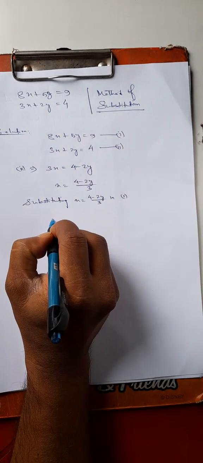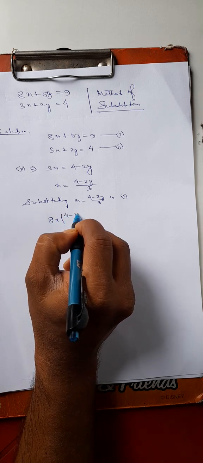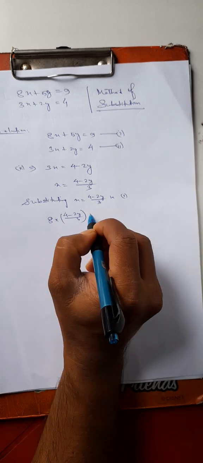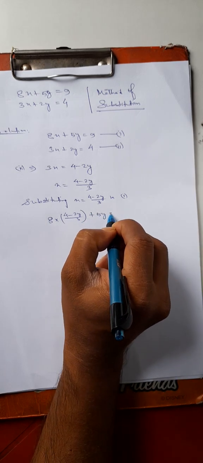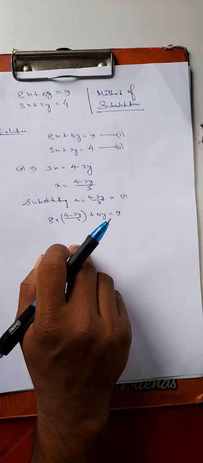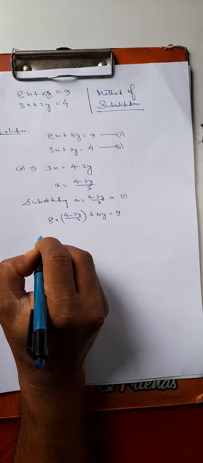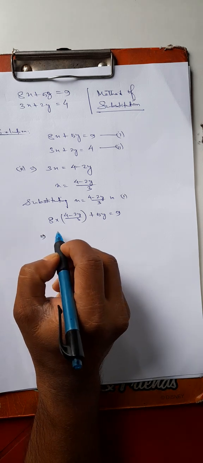What will we get? 8 into x, x means (4 minus 2y) by 3, plus 5y equal to 9. So it becomes a linear equation in one variable, right?